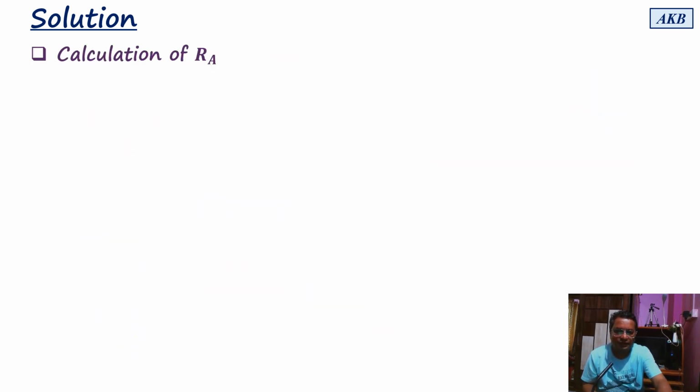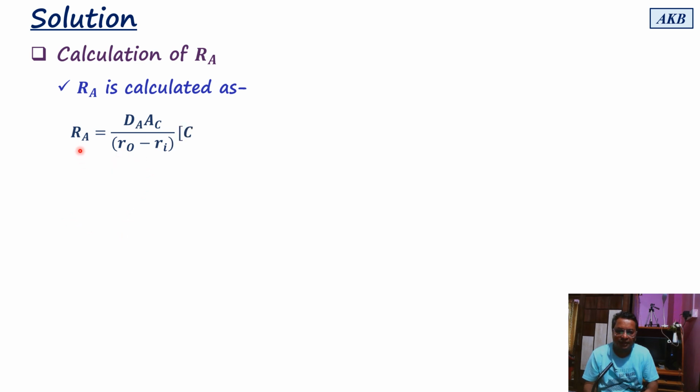Finally, we are left with calculating Ra. So Ra, once again I am writing the equation, Ra is equal to dA into AC divided by Ro minus Ri into Ca1 minus Ca2. Now let us collect what the values are. dA is given, it is 1.8 into 10 to the power minus 10 meters square per second. Then AC we calculated previously, it is 0.1131 meters square.